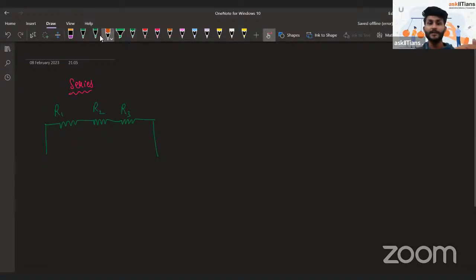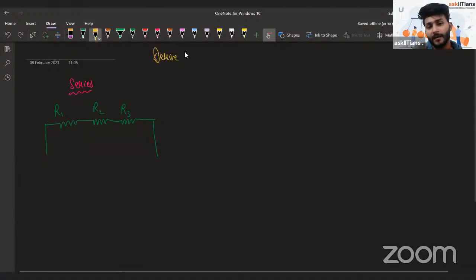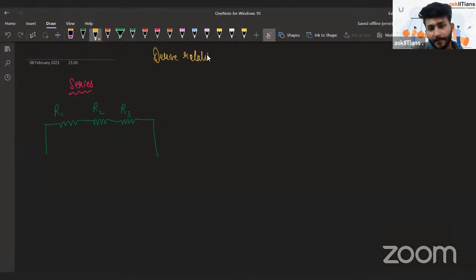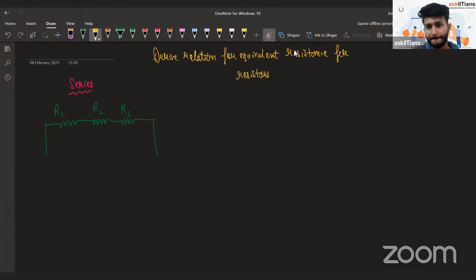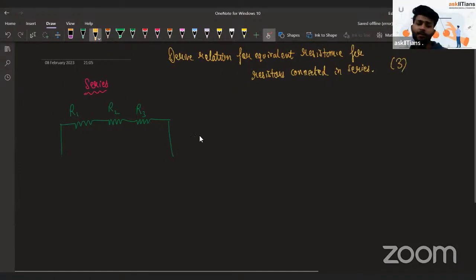So the question that we are discussing is: derive the relation for equivalent resistance for resistors connected in series. And if it is asked, it should be a 3-mark question.